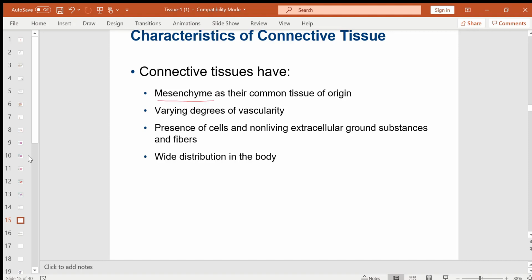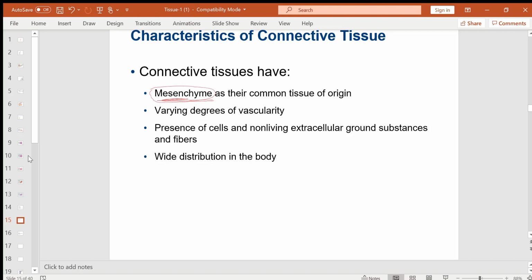All connective tissues originate from this embryonic tissue. Bones come from mesenchyme, cartilages come from mesenchyme, ligaments, tendons, fats, blood, all of them originate from the same source, this embryonic tissue.